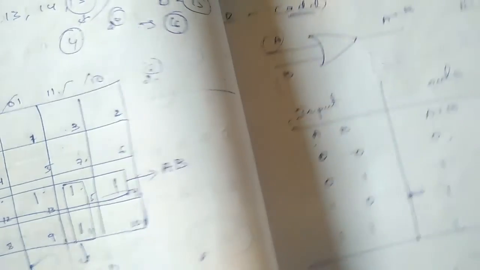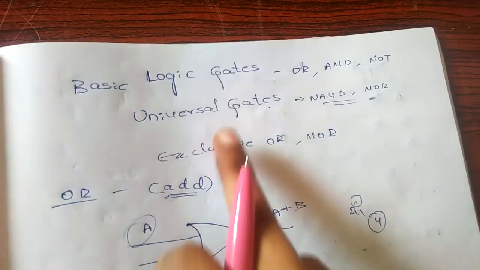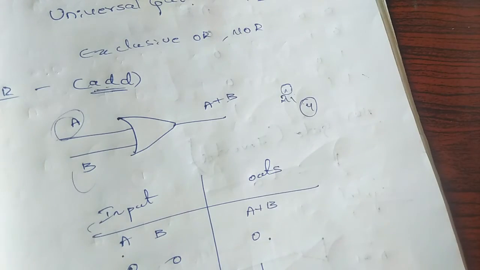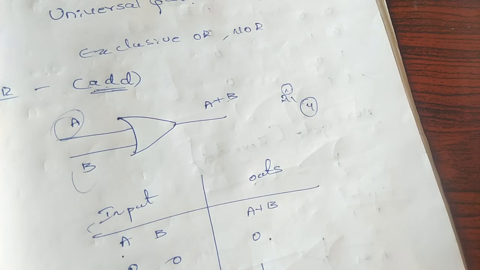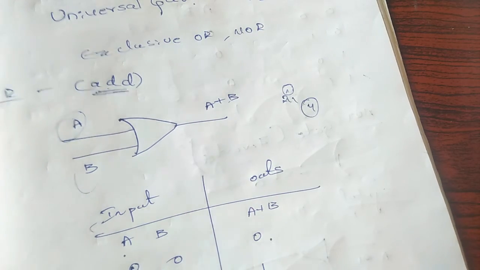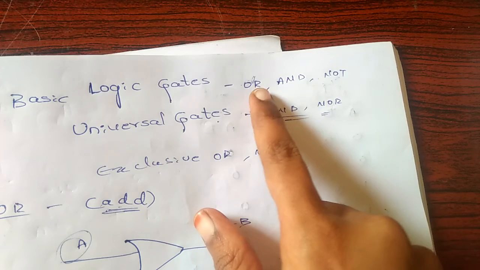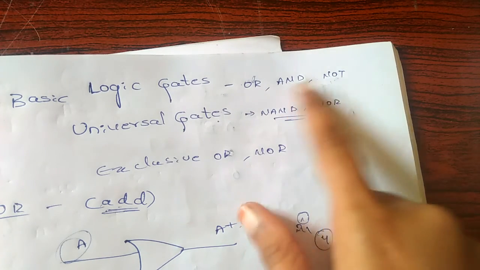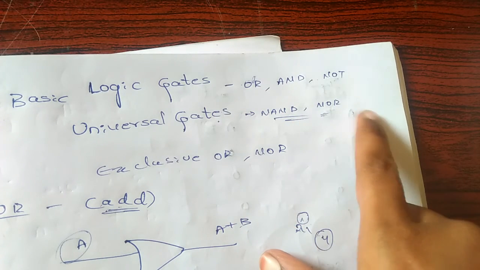I'll tell you the implementations of the basic gates using the universal gates in the next class. This is nothing but the representation of OR and NOT gates using the NAND gates and NOR gates.